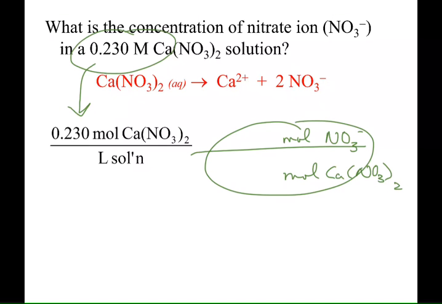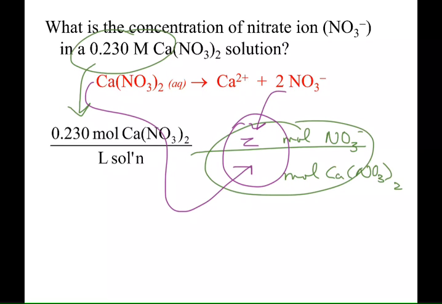So what numbers go in here from the balanced equation? Yep, a 2 goes there, and a 1 goes there. It's definitely what we've been doing with equations, using stoichiometric coefficients as stoichiometric ratios.